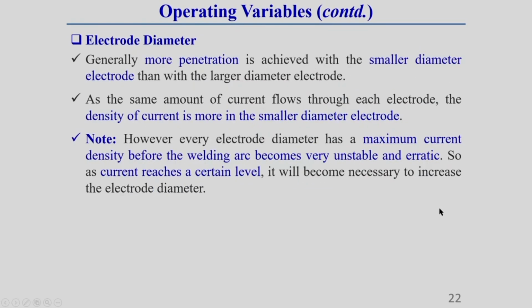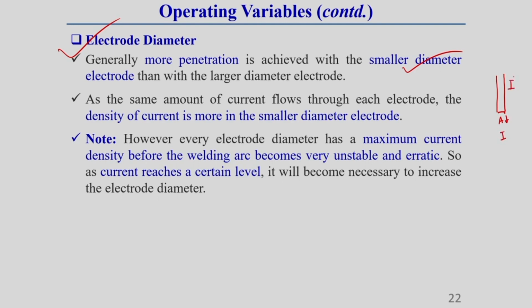Now, electrode diameter is another very important parameter. As I have already told you, the smaller the electrode diameter, the smaller the area.